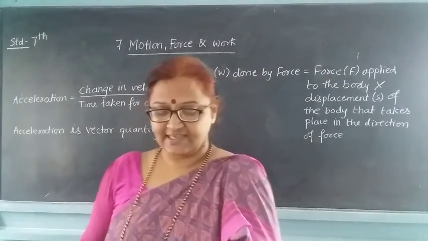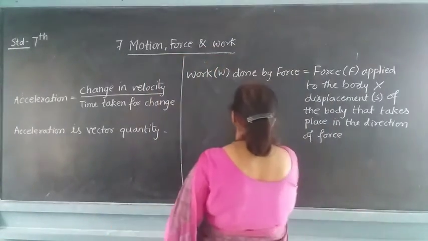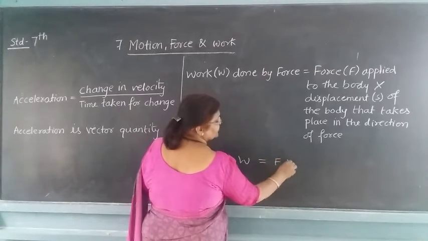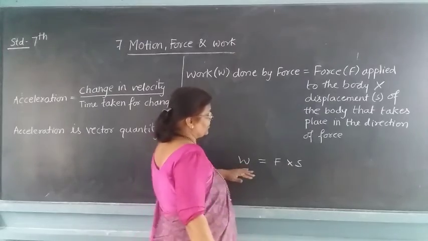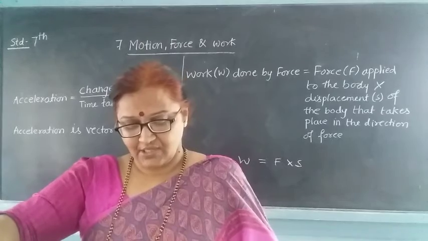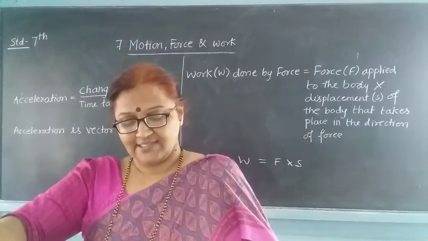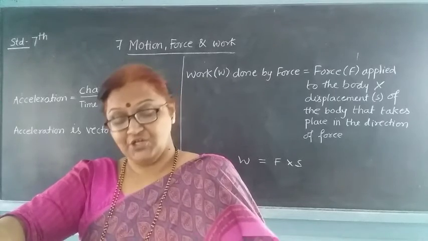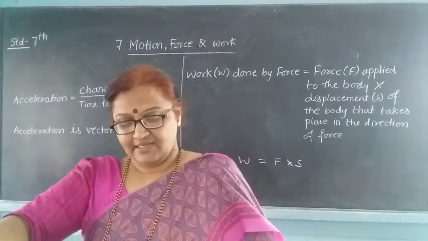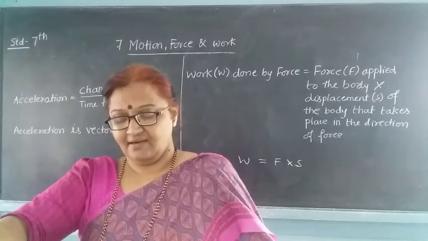So this is the expression where W, the work done by the force, is equal to force into displacement, that is W = F × S. In SI units, the unit of work is joule, the unit of force is Newton, and the unit of displacement is meter. In the CGS system, the unit of work is erg.